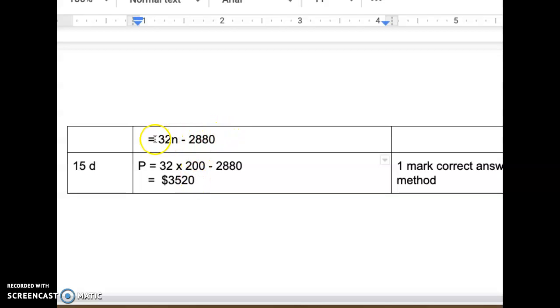You needed this equation. It's a good lesson. Sometimes you don't get this information, but if you need to, you can make up an equation to then show a substitution, and you get the 1 mark there.